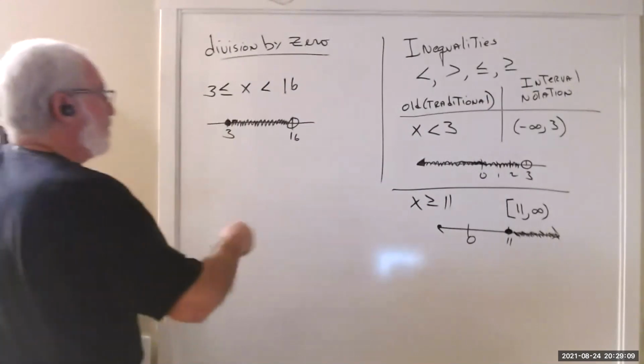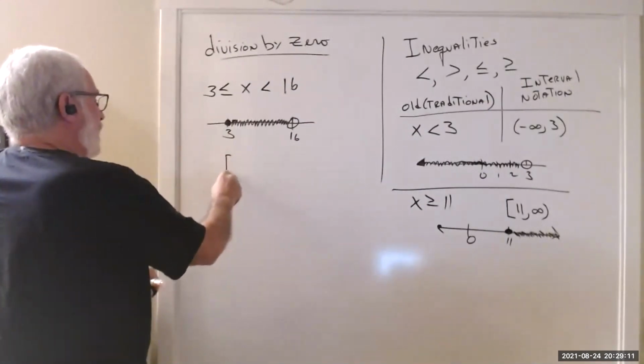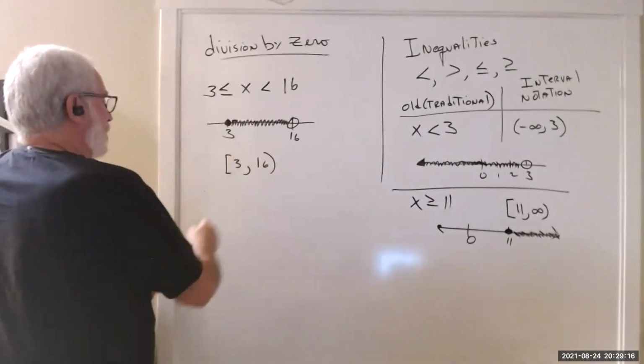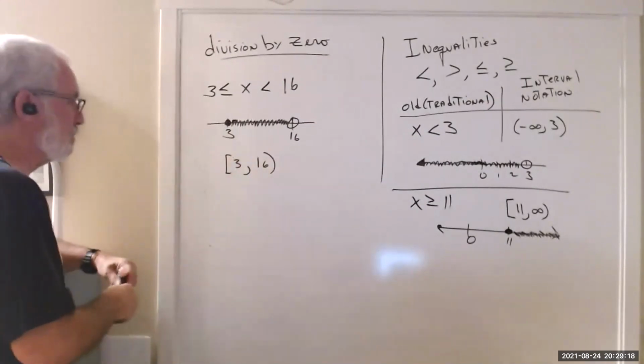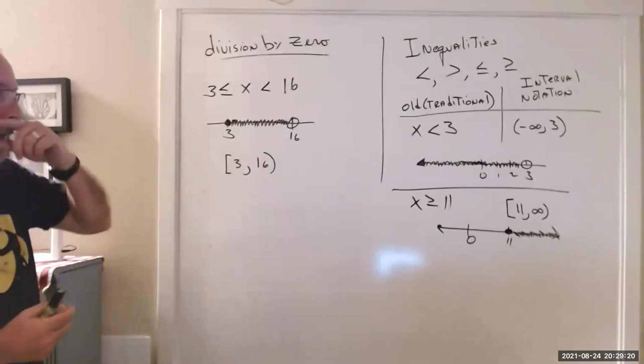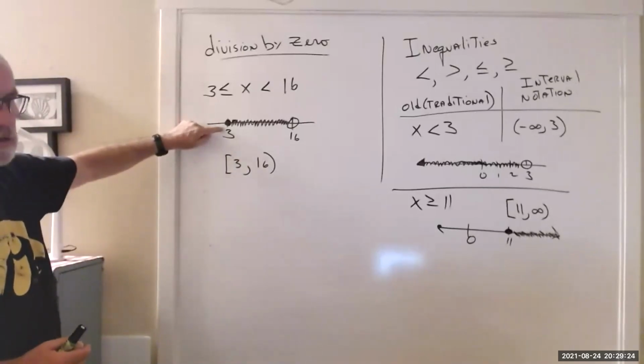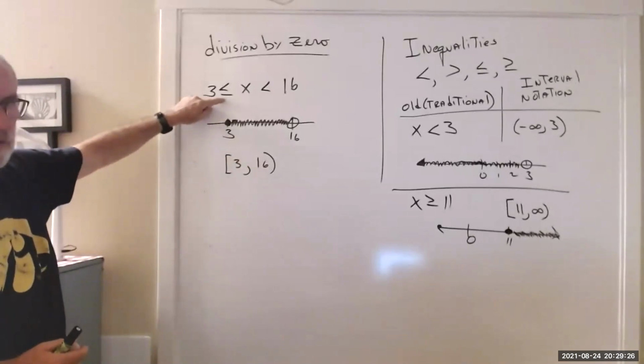Okay, so again, it would be 3, 16, bracket on the 3, parenthesis on the 16. The bracket says it was a solid dot, which says it was an equals on the 3.